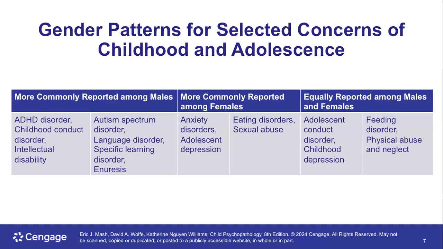Whereas conduct disorder or oppositional defiant disorder, these disorders are externalizing. Now, we see in childhood, not as much in adolescence, that oppositional defiant disorder and conduct disorder tend to have higher rates among males because that's externalizing. So there are gender patterns that we certainly would want to keep an eye on.